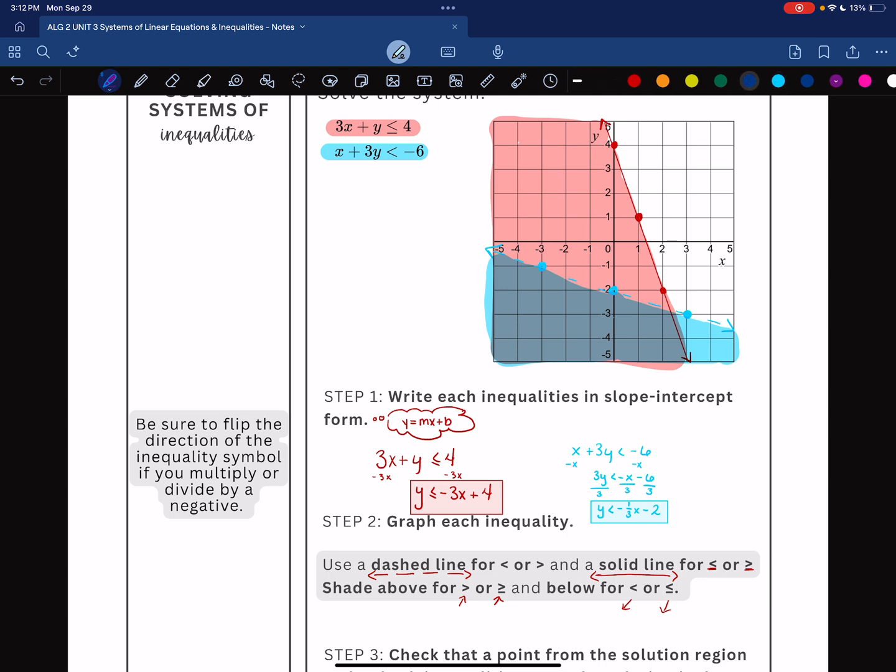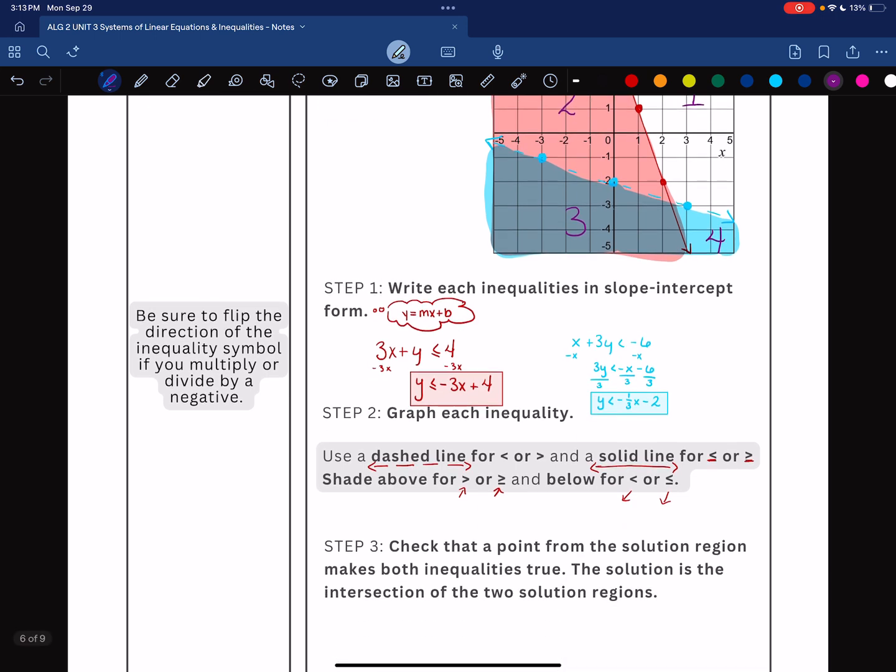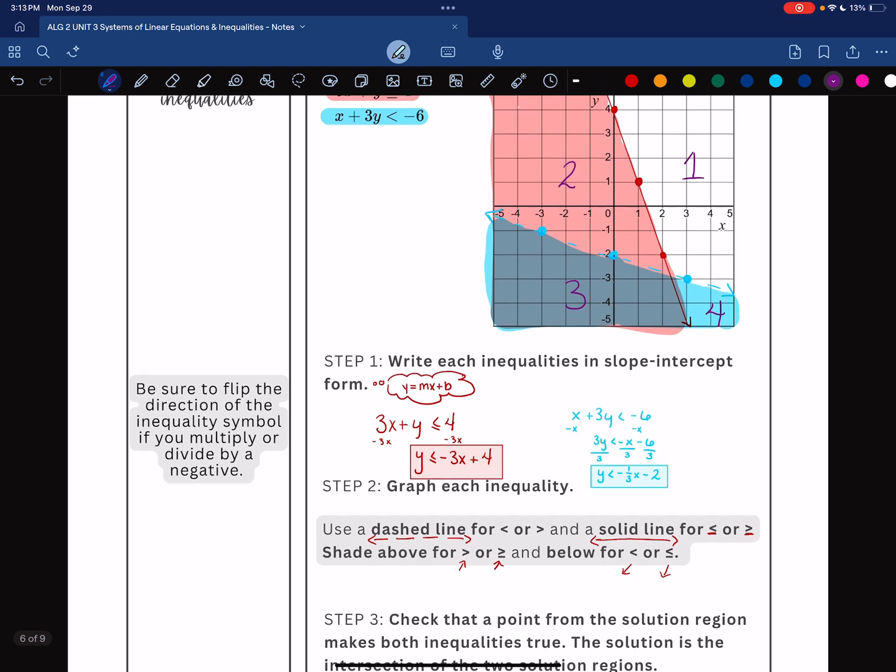If you think about this with me, you've got this region here. Maybe I was going to use Roman numerals, but I'll just call it 1. You've got this region here that's red. You've got this region here that's like both colors, and then you've got a final region that's just blue. Do you guys see those 4 different divisions?